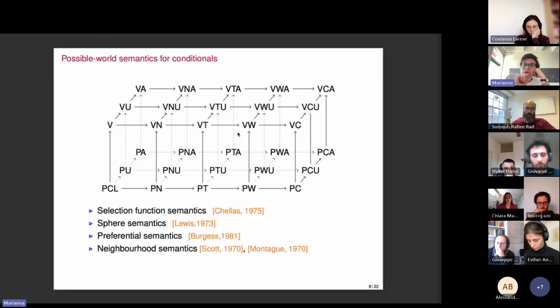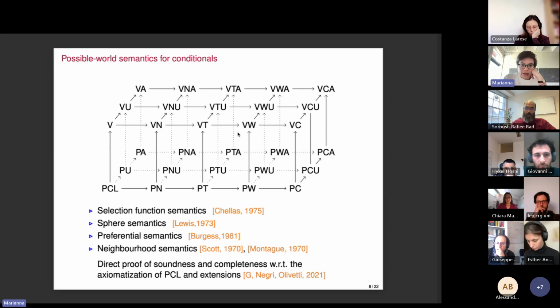And finally, neighborhood semantics. Neighborhood semantics is going to be the choice for this talk. Again, it's not the only choice possible. Basically, neighborhood semantics is what you obtain if you weaken the sphere semantics by Lewis, removing the nesting condition that I will discuss in a second. Then you get a more general form of sphere semantics, which is nothing but a simple form of neighborhood models.